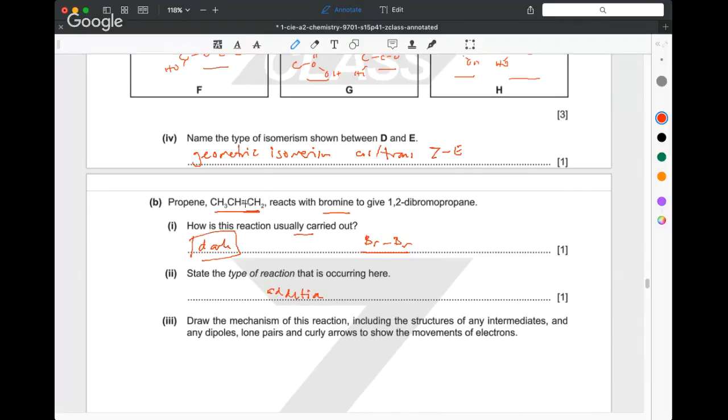And because that's very electron rich, an area of high electron density, species that are attracted to areas of high electron density will start to react with that. So they need to be electrophiles. So that's electrophilic addition.